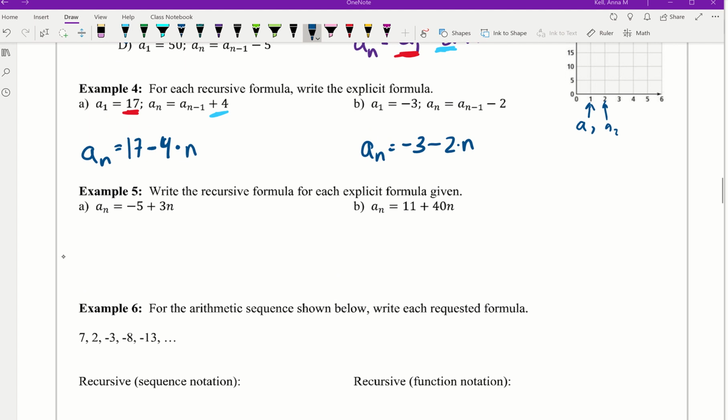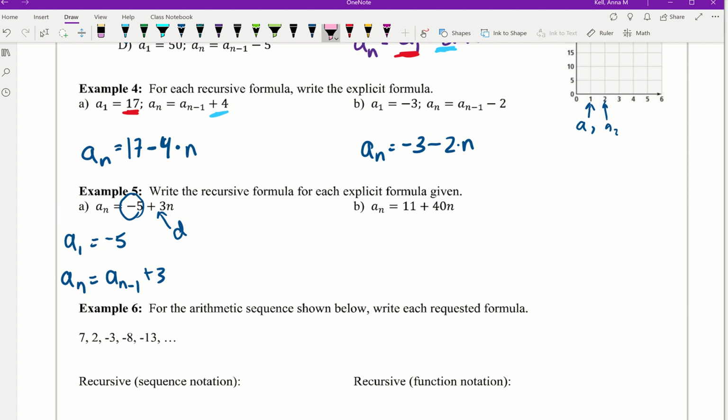So again, this is going to be my A1. Okay, so I will say that A1 is equal to -5, and then this is going to be my D. Okay, so writing this in recursive formula, I'm going to say A sub n is equal to A sub n minus 1, and it'll be plus 3.